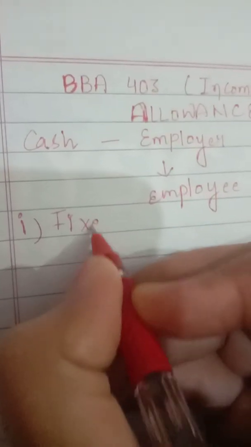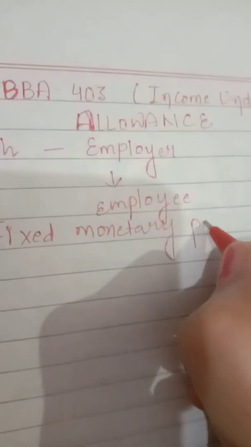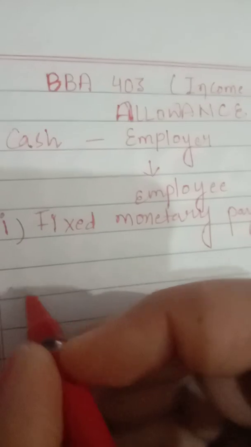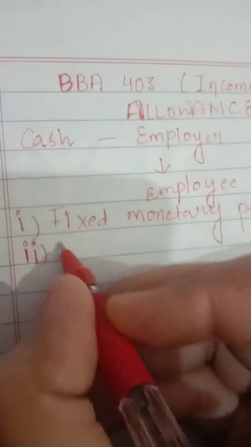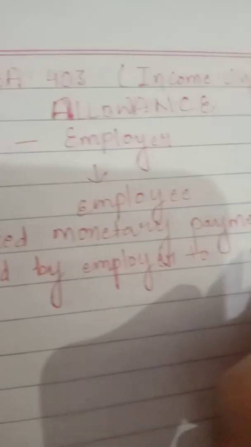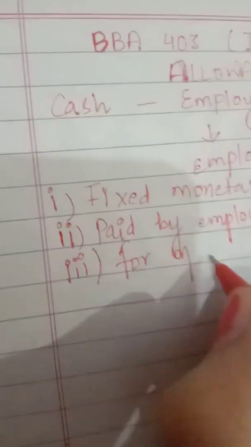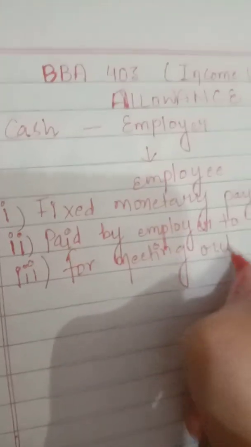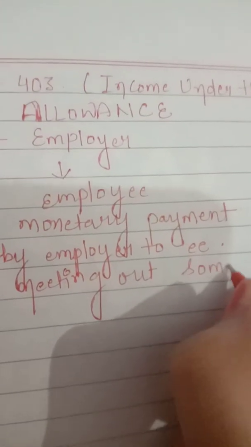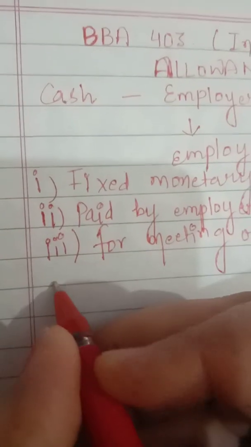In short, we can say that allowances are the fixed monetary payment paid by employer to employee for meeting out some particular requirement.